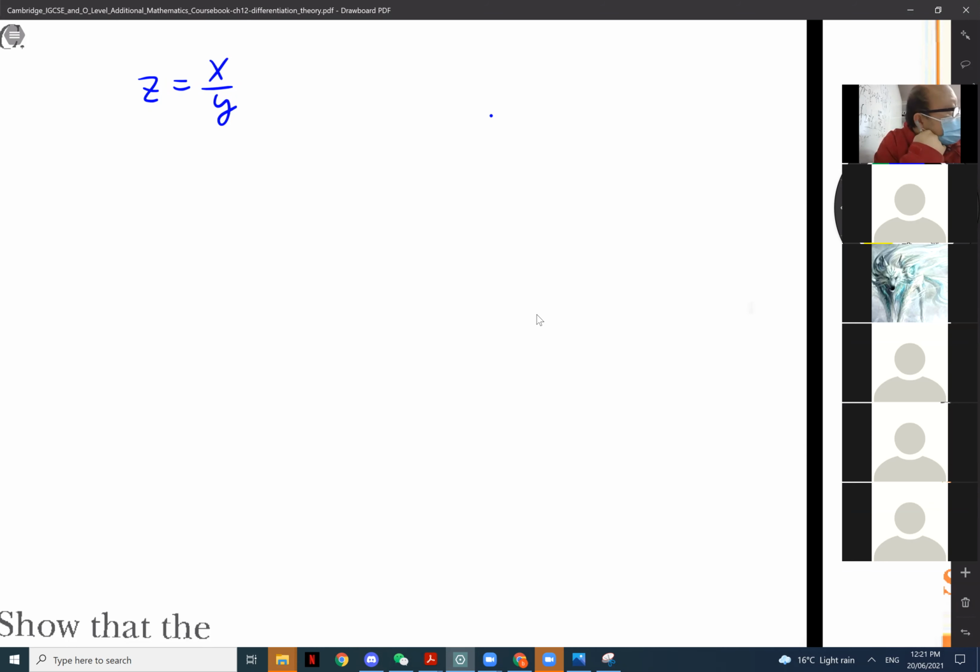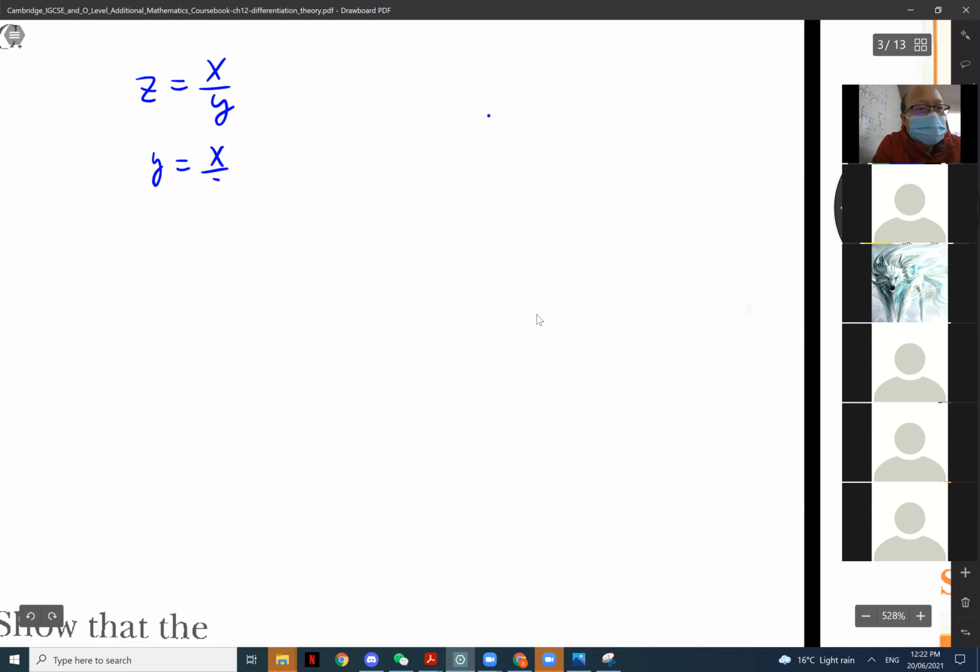We practice implicit differentiation. Or y equals x over z. Now, how do we differentiate y with x? This z is some idea about the implicit.